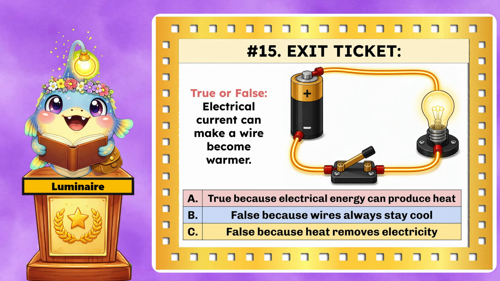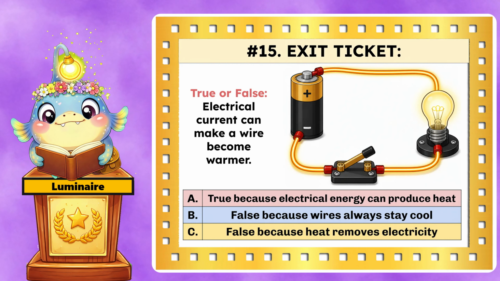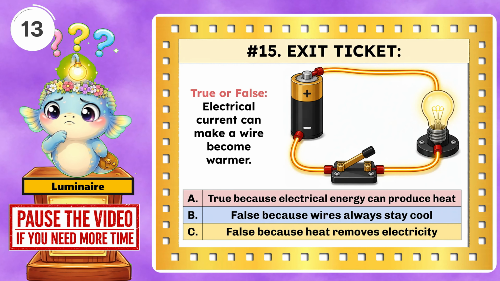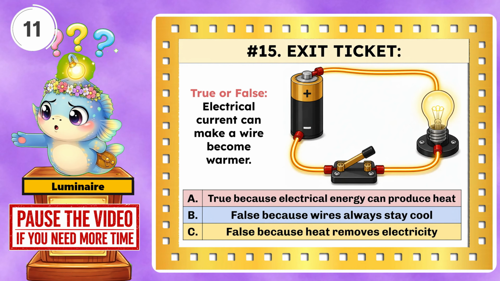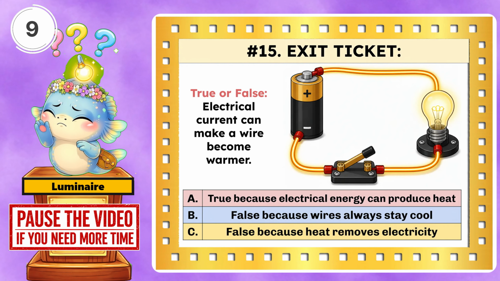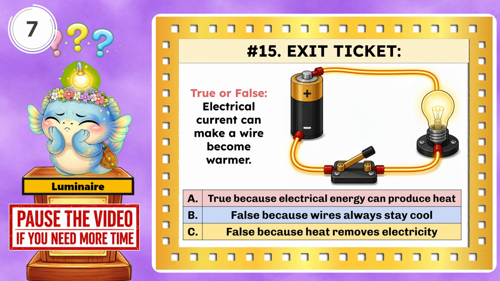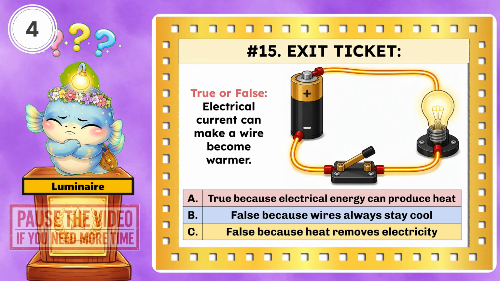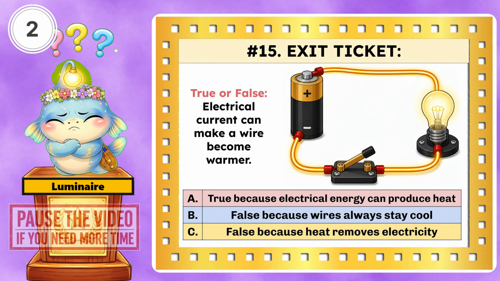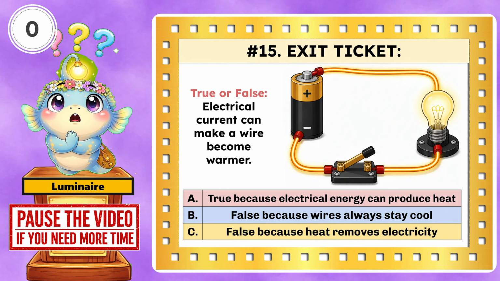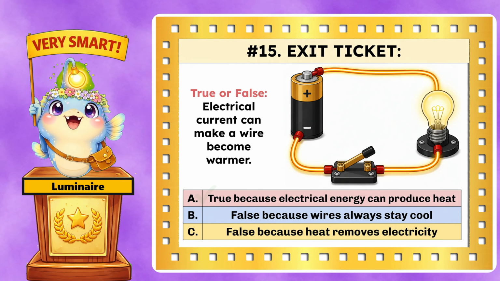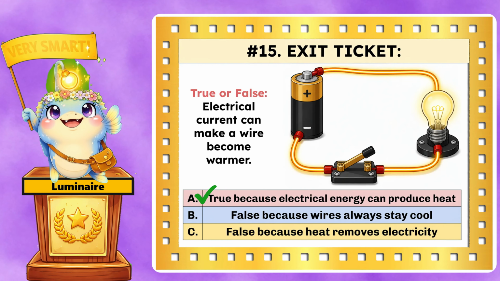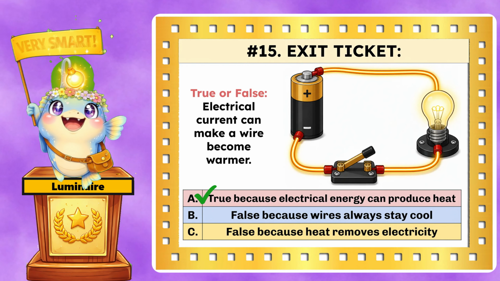True or false, electrical current can make a wire become warmer. And the correct answer is letter A, true because electrical energy can produce heat.